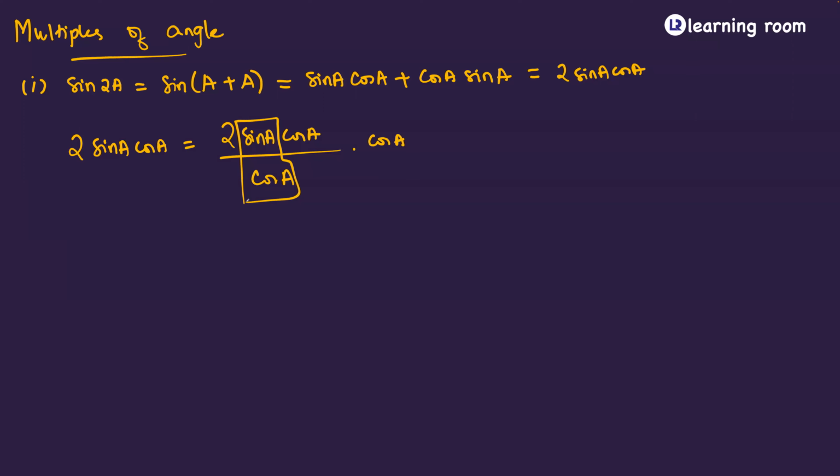I get 2 tan a. Cos a into cos a, I'll get cos square a in the denominator. Cos square a is the same as 1 by secant square a, because cos a and secant a are reciprocal of each other. Am I clear with this?